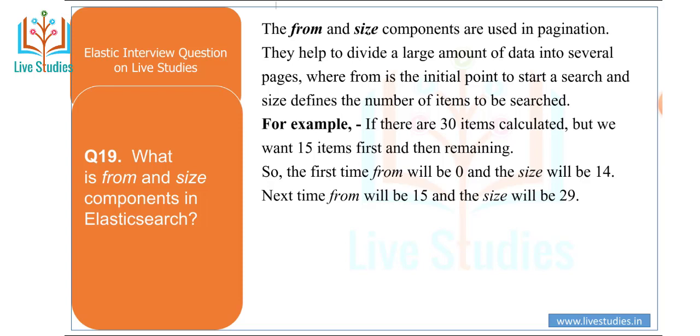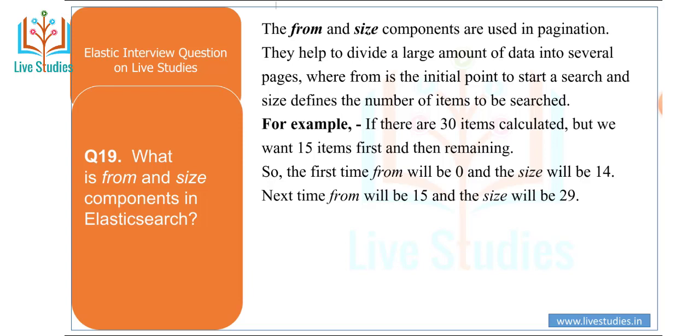Another question is, what are the from and size components in Elasticsearch? The from and size components are used in pagination. They help to divide a large amount of data into several pages. From is the initial point to start a search, and size defines the number of items to be searched.